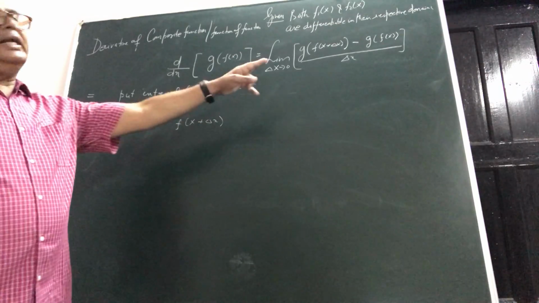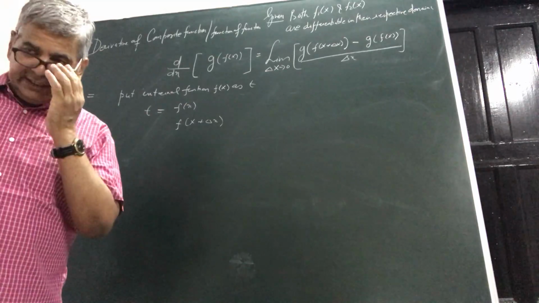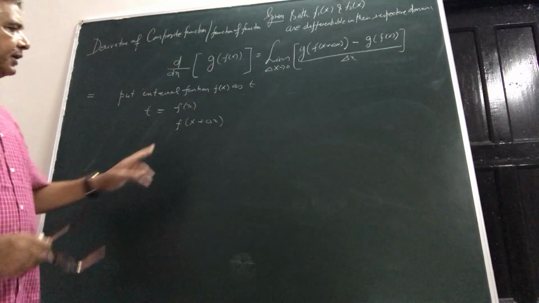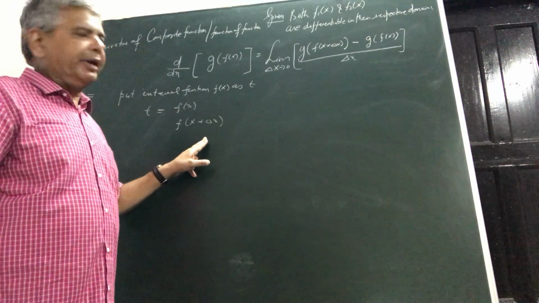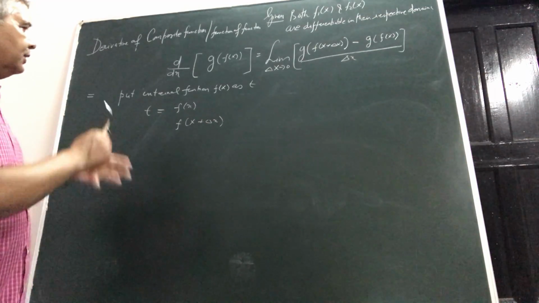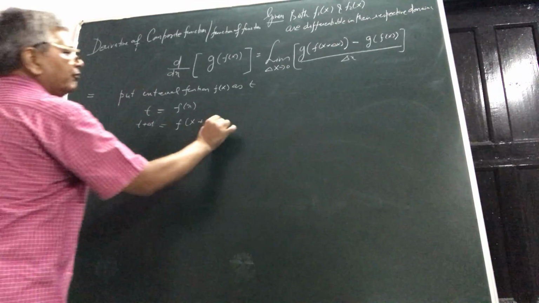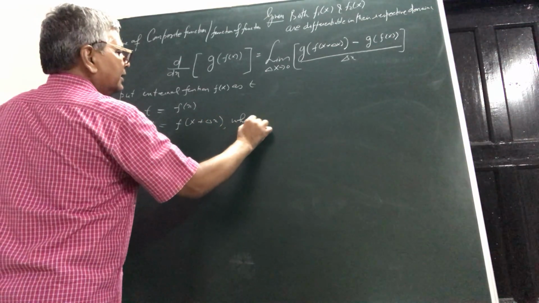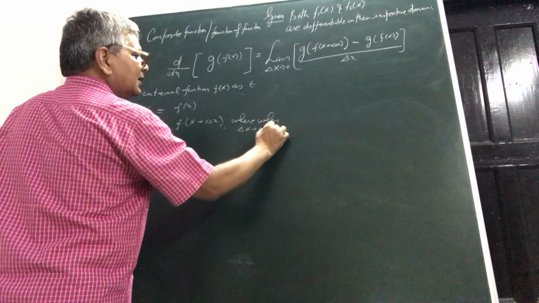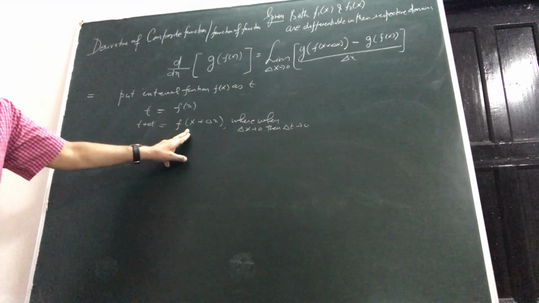Now we have said that this internal function is differentiable. Yesterday we did a theorem: if a function is differentiable then it is continuous. Since it is continuous everywhere in its domain, if you make a slight change in this thing, it will change to t + Δt, where when Δx tends to 0, then Δt also tends to 0, because the function is continuous.